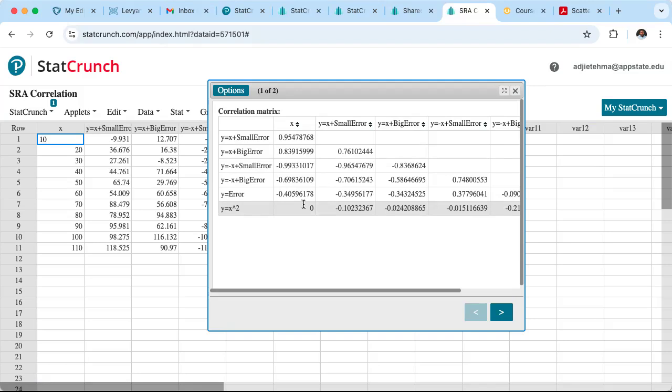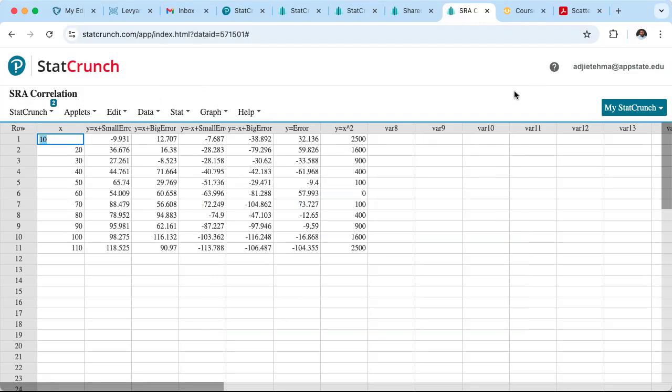So now you can use StatCrunch to compute correlation coefficients. Is that okay? Good. You also have the formula over there, but StatCrunch does that, so you can use it to do that. The other thing I want us to do is you can use StatCrunch to also play and guess the correlation coefficient.